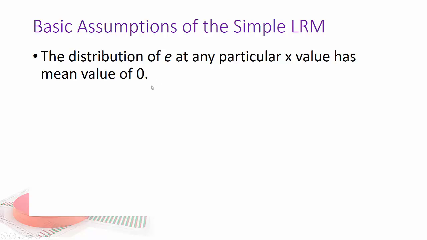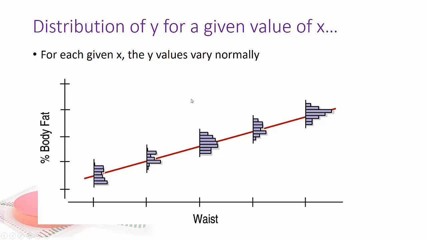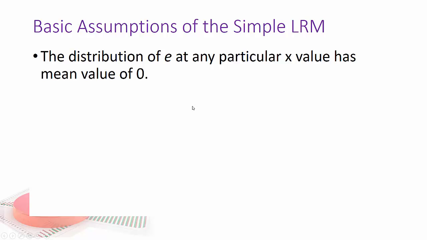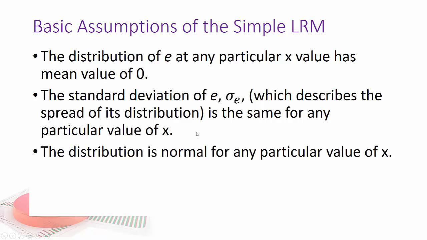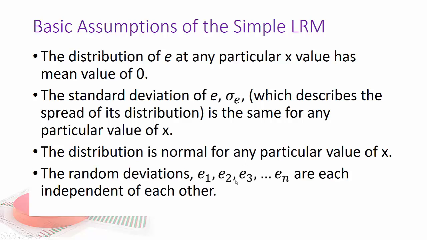In other words, for all the little data in the previous slide, the mean value is 0, so the average of the data is on the line, which is the expectation. All right. The standard deviation of epsilon, sigma of epsilon, is the same for any particular value of x. It's the spread of the distribution. The distribution is normal for any particular value of x, and the deviations are independent of each other.